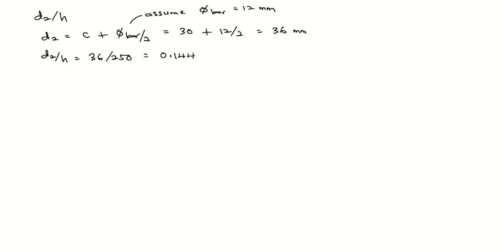So in the design chart, let's write down first. We are going to use design chart D2 over H equals 0.15. In the design chart, we need NED over BH FCK and also MED over BH square FCK, at the Y and X axis.